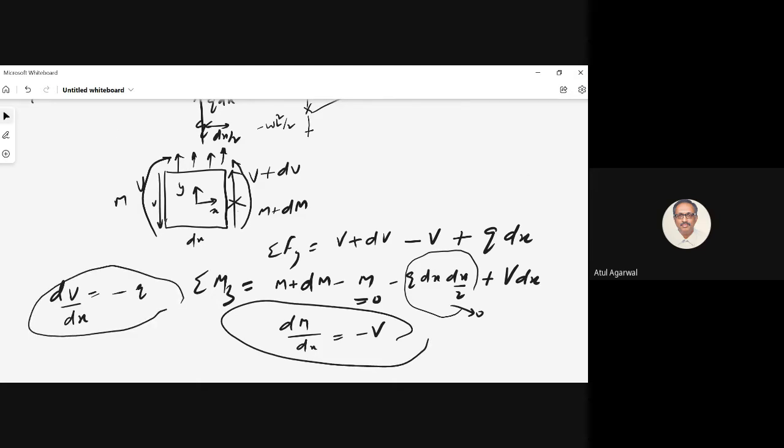Now we did this problem. There was a force Q here. So you see what is your Q? So your shear force was coming like this. This was the shear force diagram. So you see what is the dV by dx here of the shear force? I say it is minus Q. And you see here, this Q is negative.